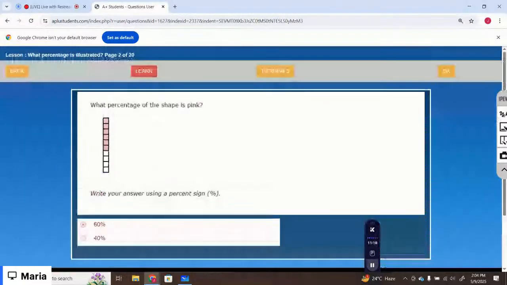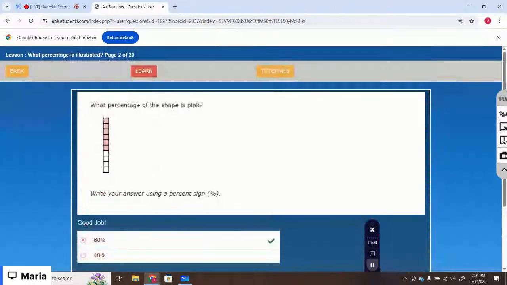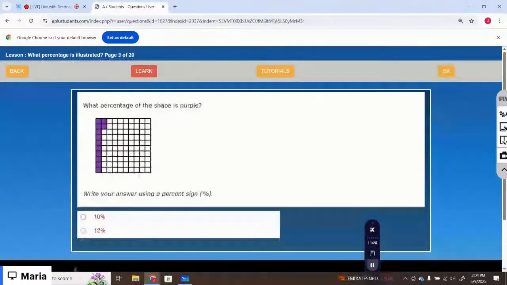Option number one is the correct option. What percentage of the shape is purple? That is 12%. Option number two is the correct option. 12% of the shape is purple.